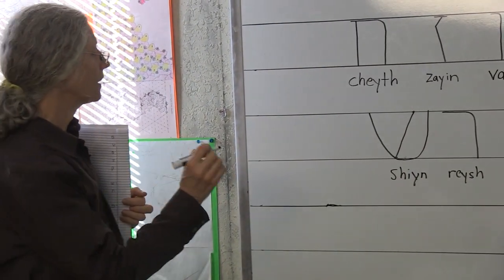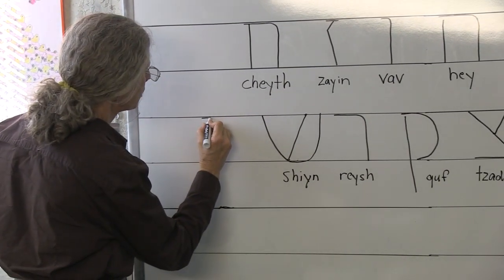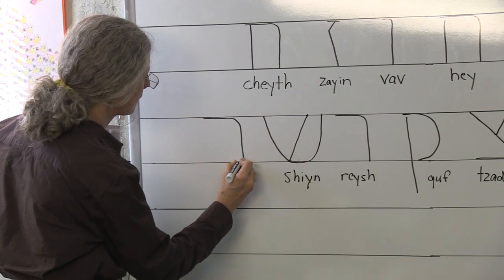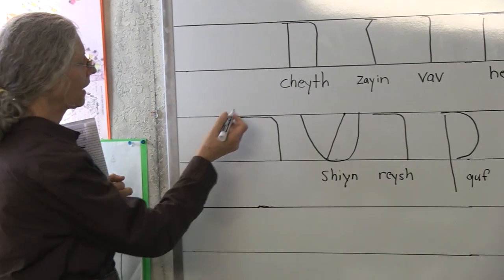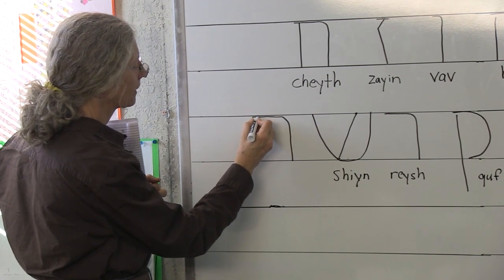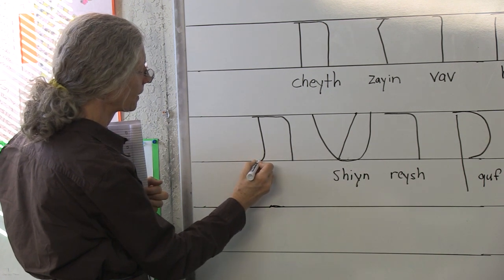And then the last letter is a tav. Again, you're going to make a resh form all the way across, curve down. Nice resh form. Going to come in a little bit, connect the line down, and at the bottom you're going to kick out a little bit.